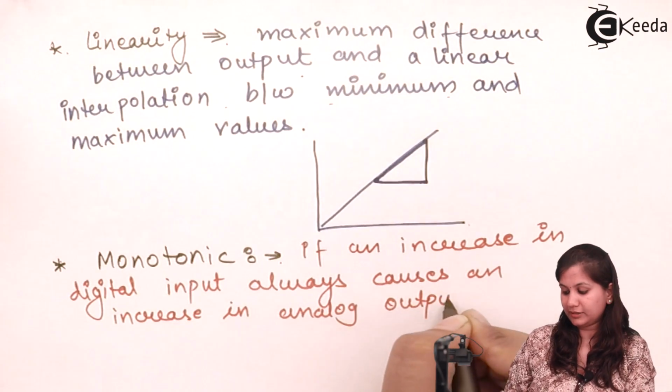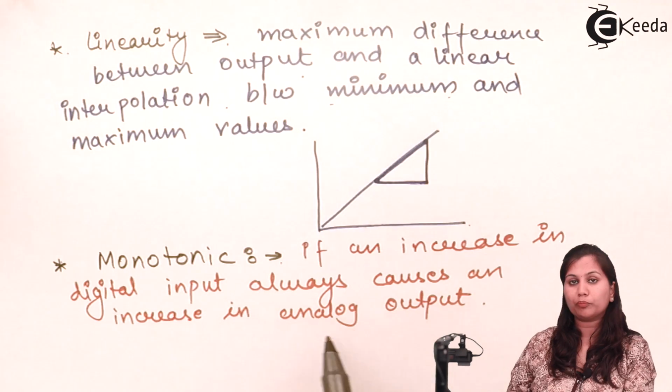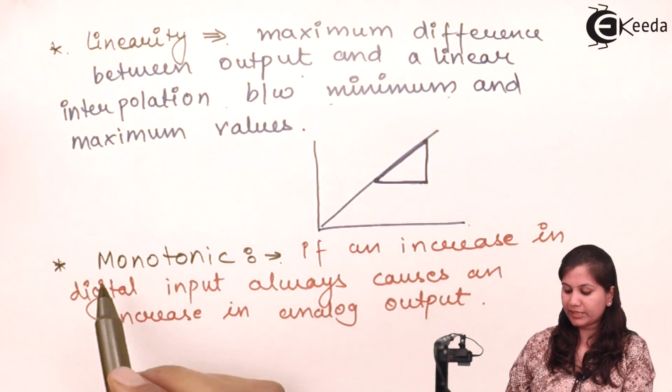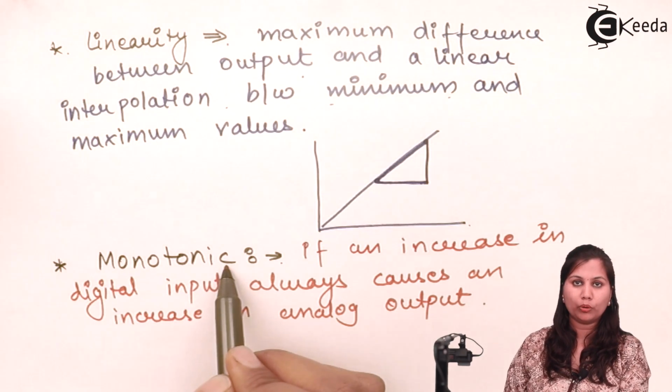So if we are increasing the digital input, and in the output also we are getting the same increase, then we will say that the converter is monotonic.